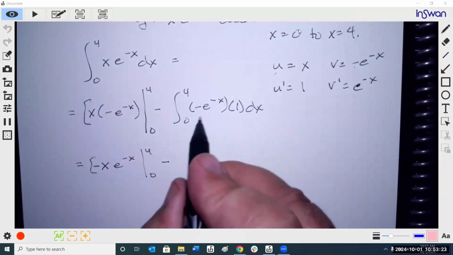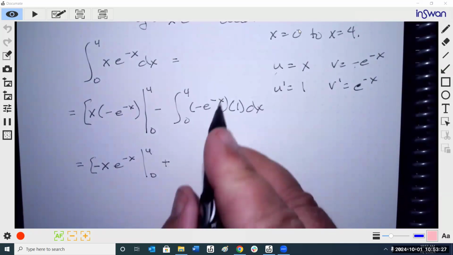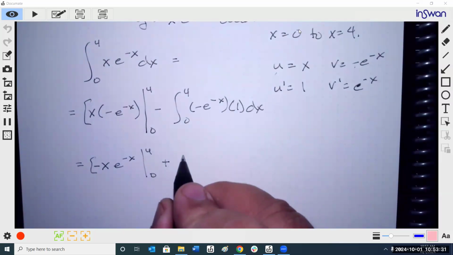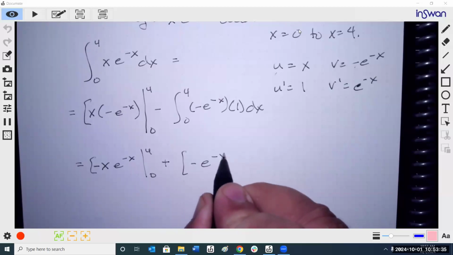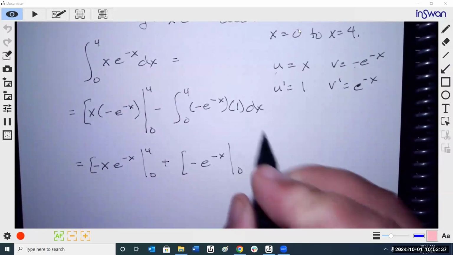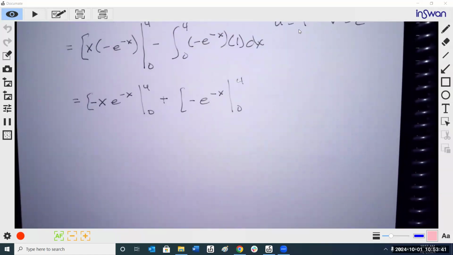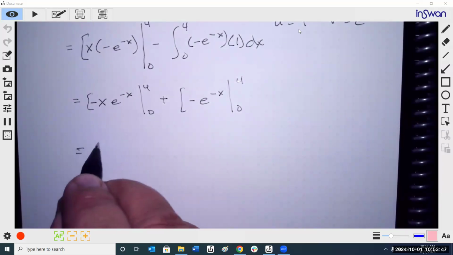The negative in the integral changes to a plus. So the integral of e to the power negative x becomes negative e to the power negative x from 0 to 4. Now we look at each one of these separately.